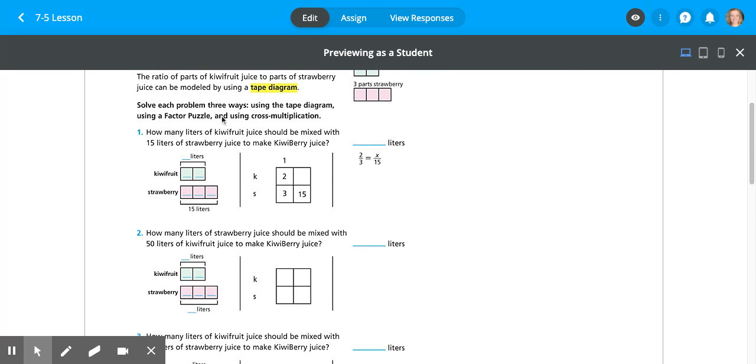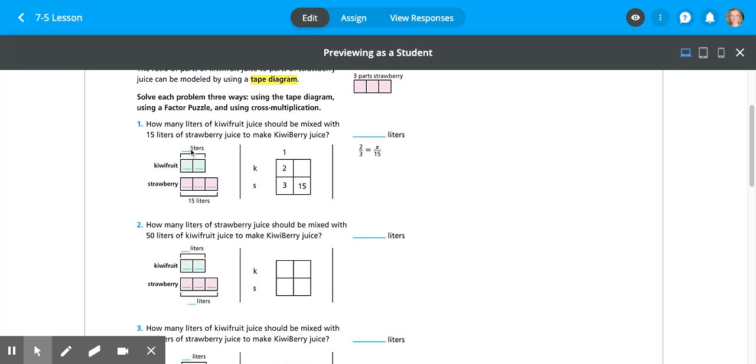So it says solve each proportion 3 ways, using the tape diagram, a factor puzzle, and cross multiplication. We've already done factor puzzles and cross multiplication, so the only new thing is the tape diagram. So we'll start with that first. How many liters of kiwi fruit juice should be mixed with 15 liters of strawberry juice to make kiwi berry juice?